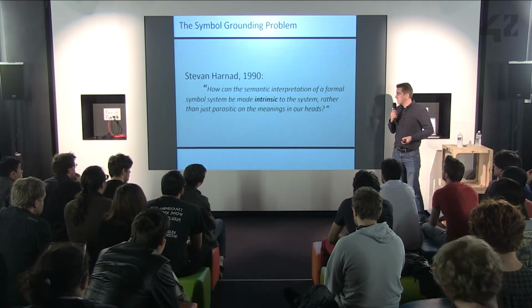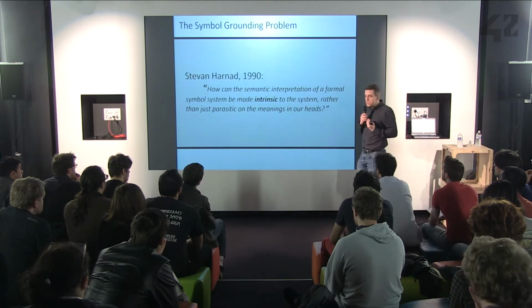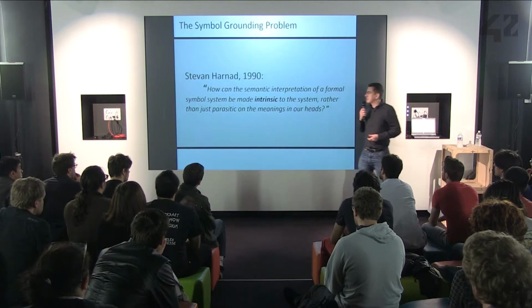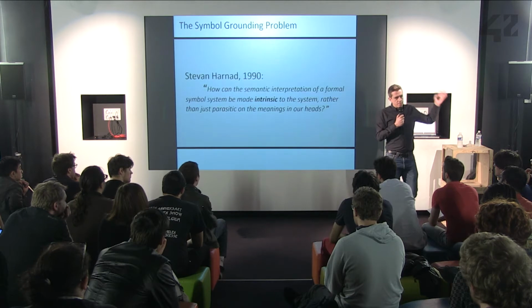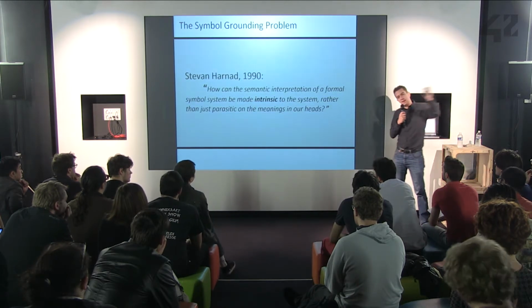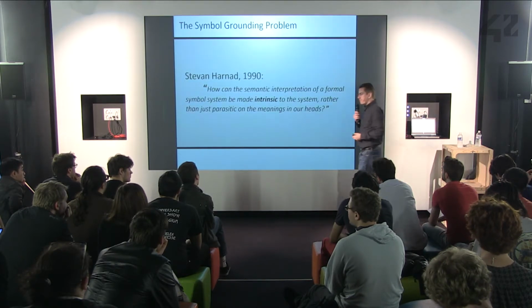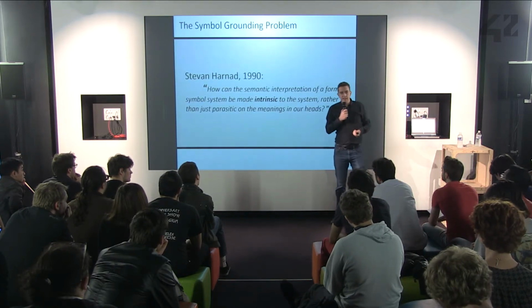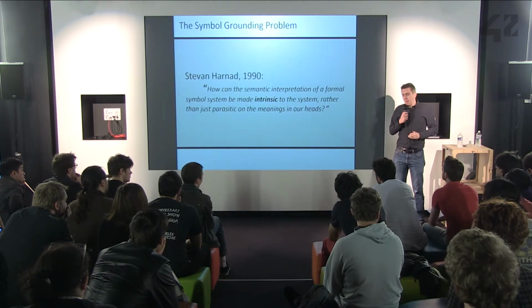I'm going to quote Stevan Harnad in the 90s, who framed this core issue in a famous paper, the symbol grounding problem. You have symbols, why not? The first wave I presented, expert systems, but they are not grounded. They have no meaning. What it's using doesn't mean anything for the machine.